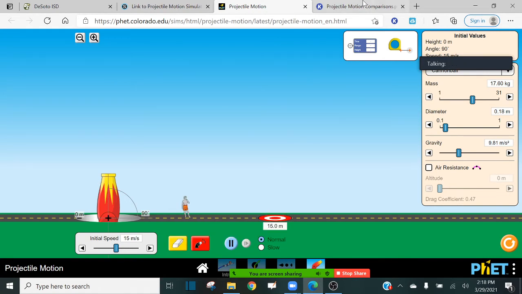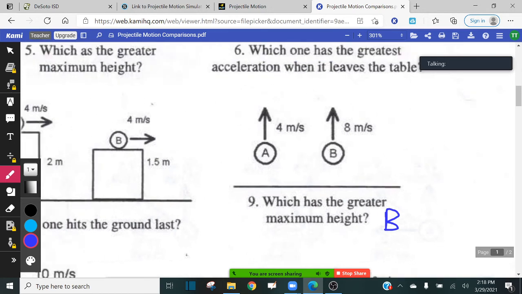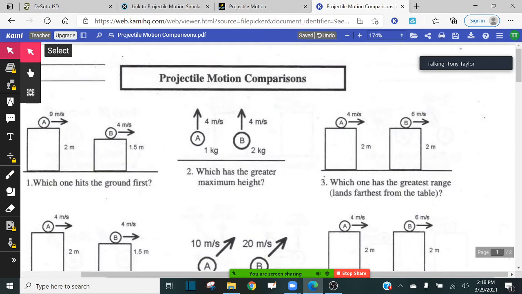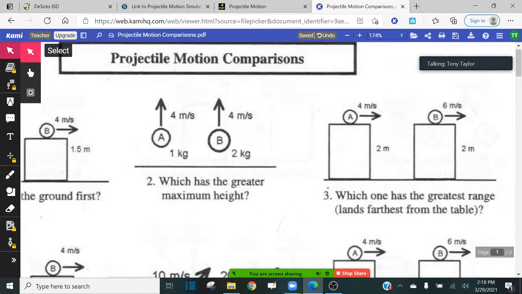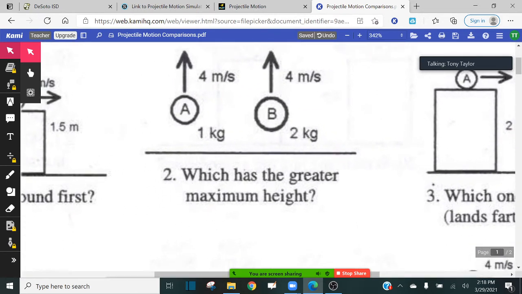Guys, look at number 2. Number 2 may be tricky for some of you guys. Look at number 2.